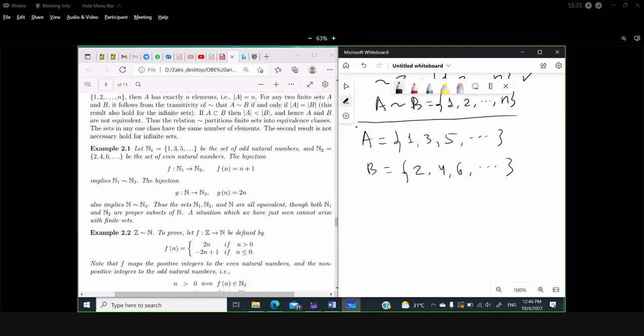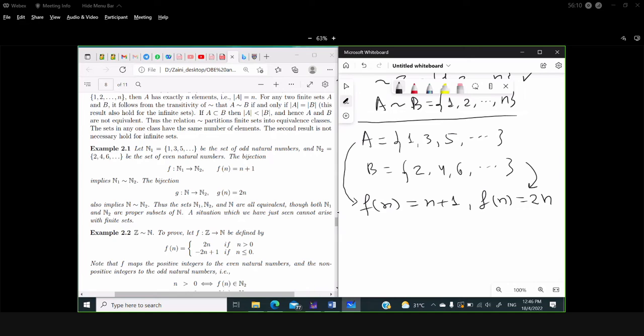For such natural number sets, we can find a bijective function f(n) = n + 1 for the case of A, and f(n) = 2n for the second set. You see, we are trying to find a bijective function.